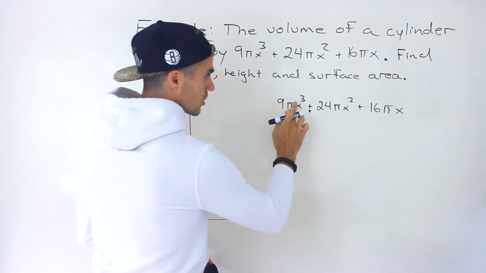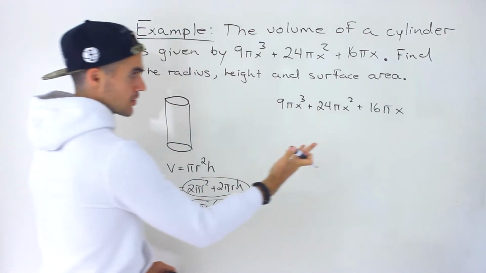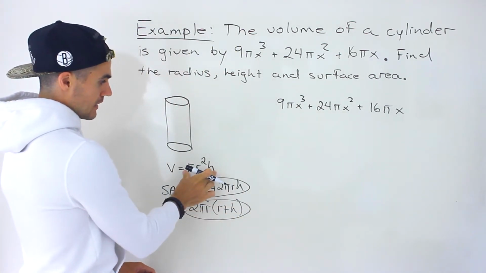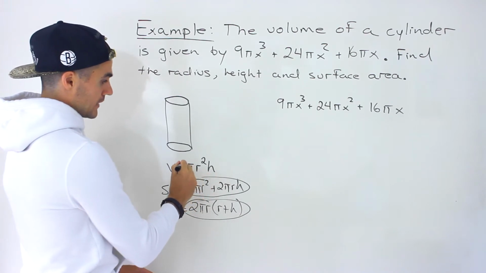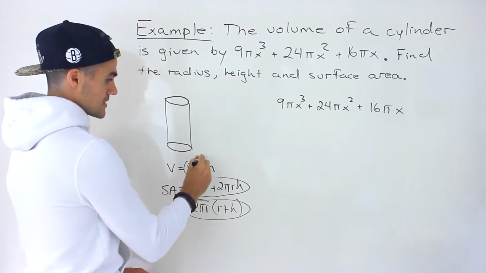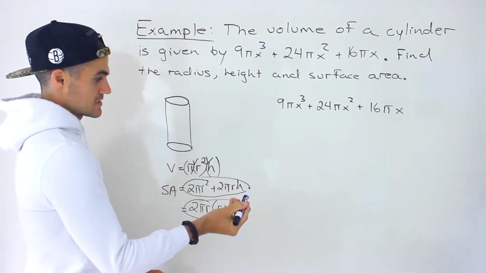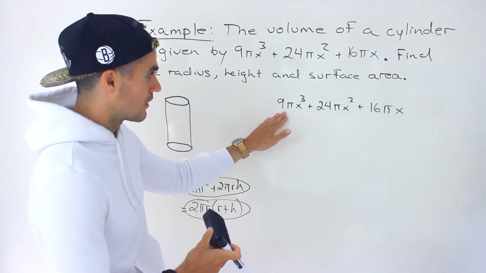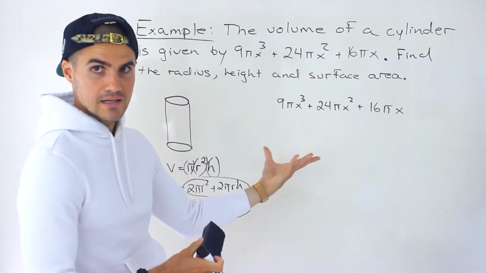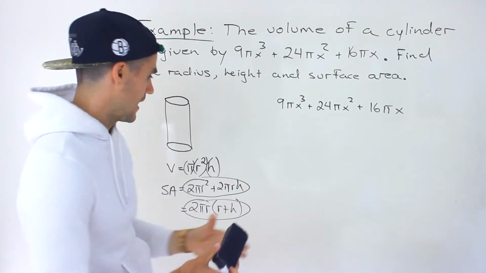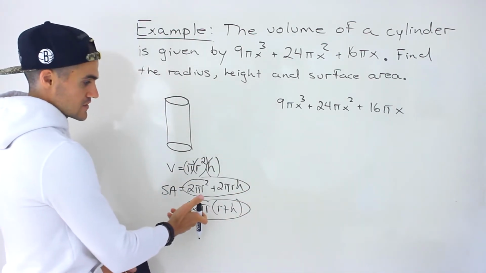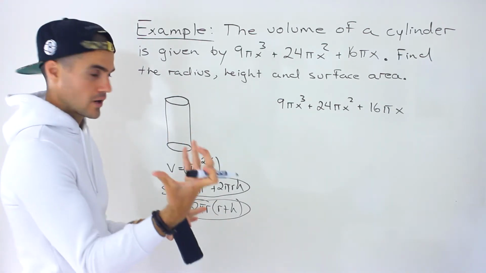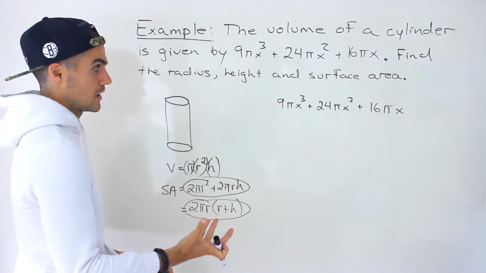Here we're adding a bunch of expressions, and over here in the volume format we're multiplying expressions, right? We got a pi times an r squared times an h. And so it's hard to tell from here what the radius and the height is. And that's what we have to get in order to find the surface area, because once we have the radius and the height, we can just plug it into this formula.